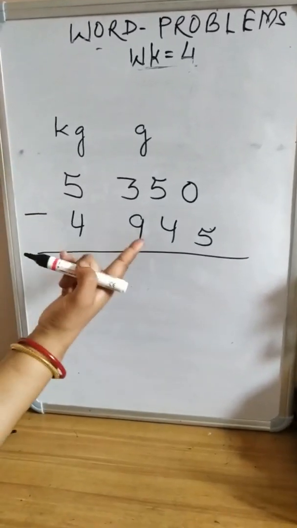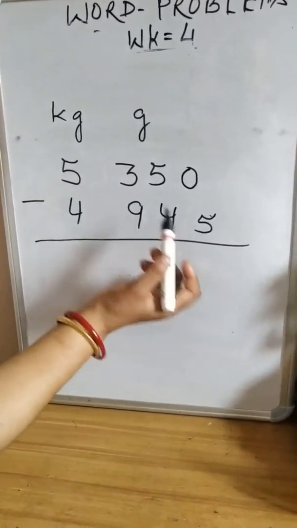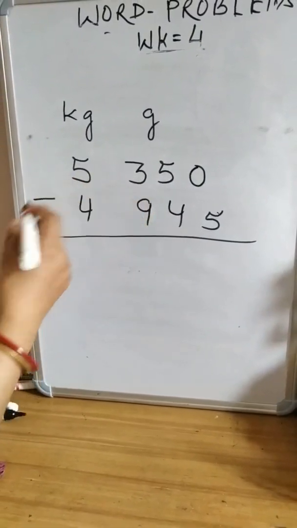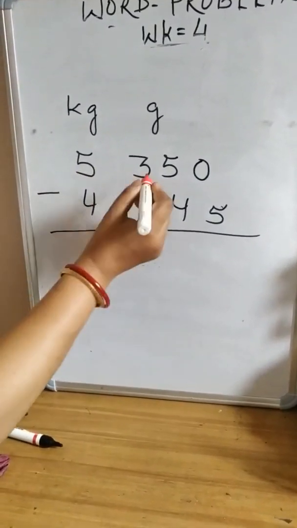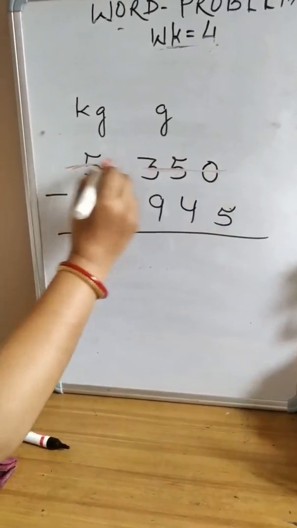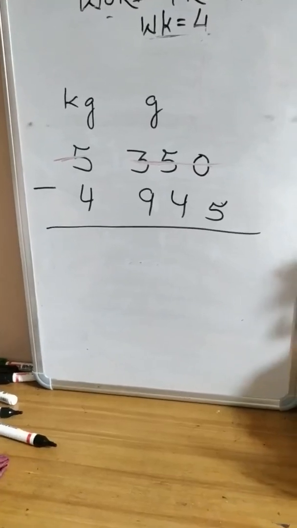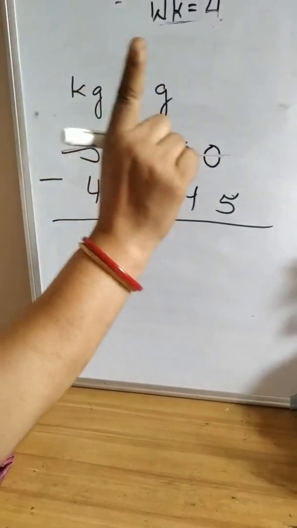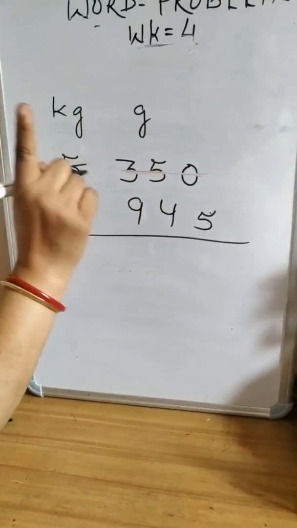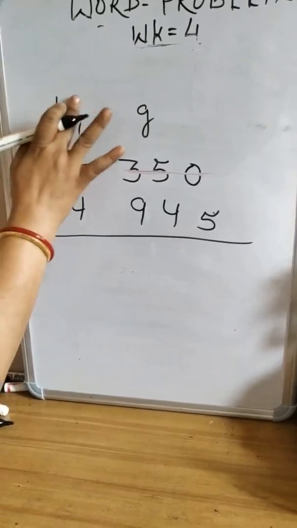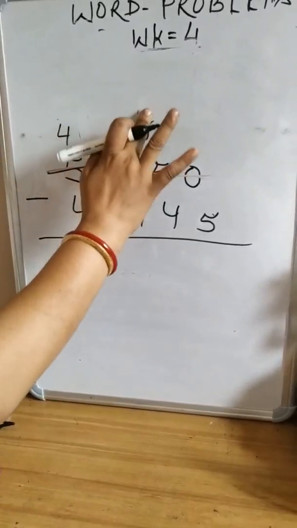Right? Here we see that 350 and below it is 945. It is not possible to subtract 945 from 350. Then what will we do? Simple. We have to borrow. We have to borrow from where? From kilogram. I will borrow 1 kilogram. So this 5 will reduce to 4.